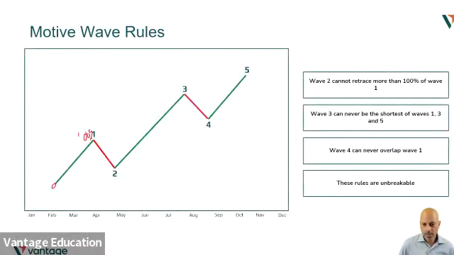So if wave 2 goes below this level, this is not a motive wave. What we are seeing in the price is not a motive wave, so you cannot apply Elliott wave theory in that aspect. So wave 2 cannot retrace more than 100% of wave 1, meaning it cannot go below the starting point.